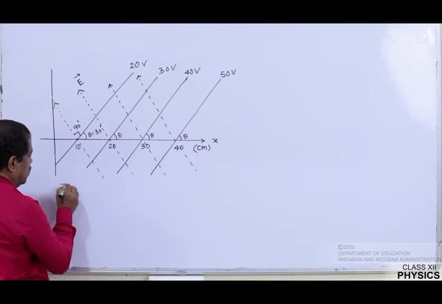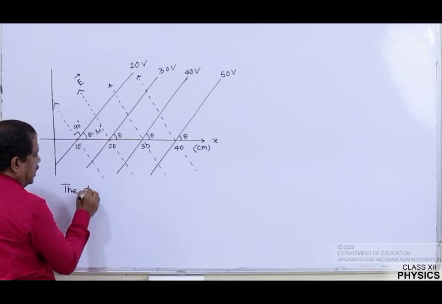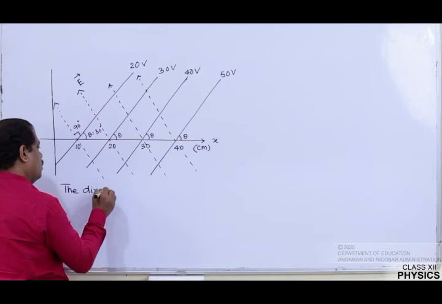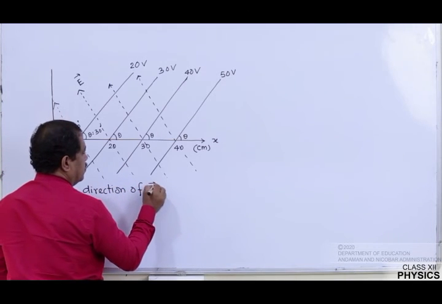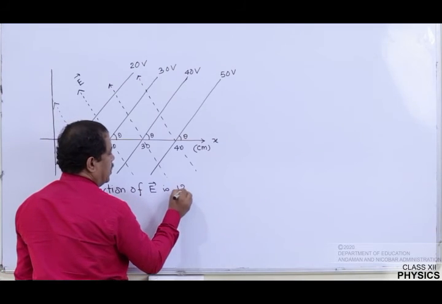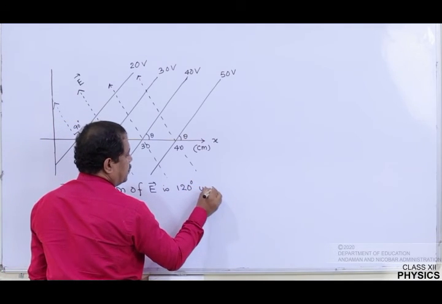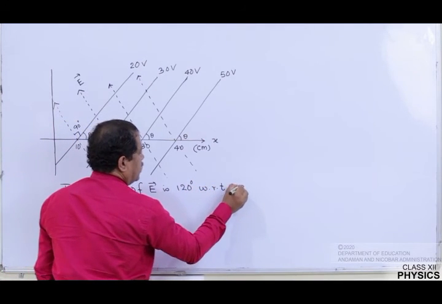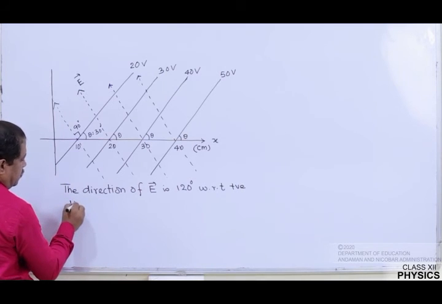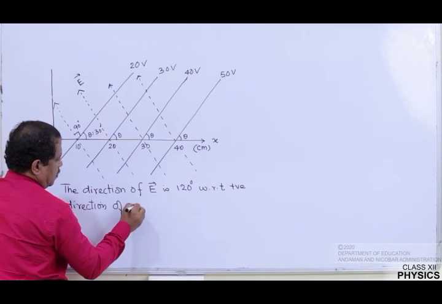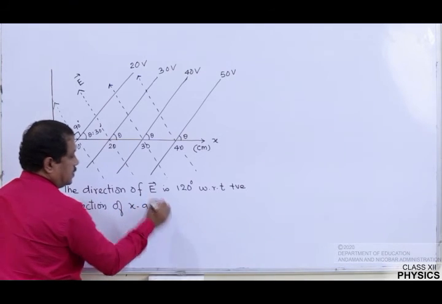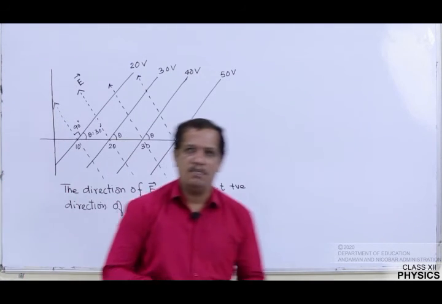The direction of the electric field is 120 degrees with respect to the positive direction of the x-axis. Next, I need to calculate the magnitude.